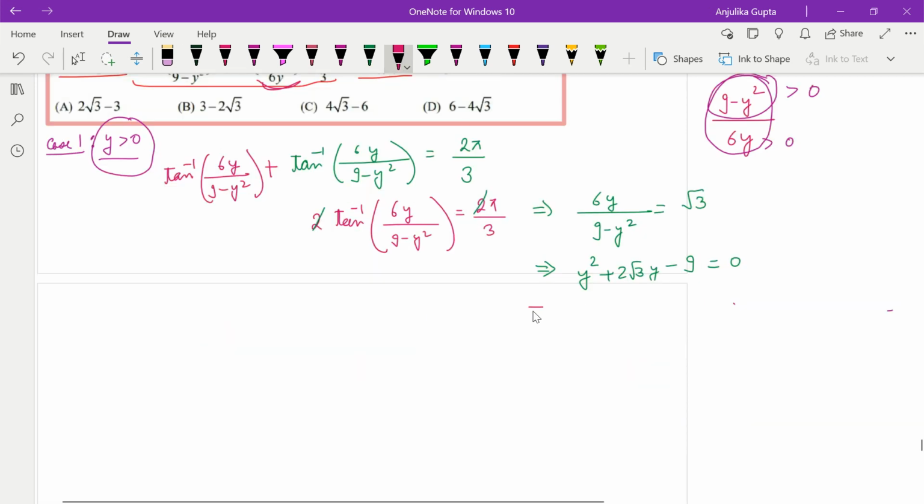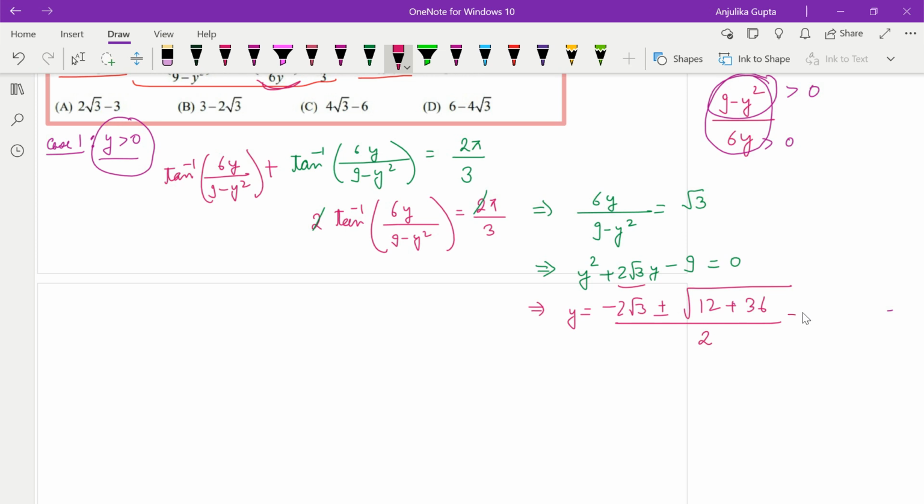Now you can either factorize or just use your formula. Let's use the formula. y is equal to minus b plus minus under root b square. How much is this square? 12. Minus 4ac, that minus minus is plus, 4ac is 36, divided by 2. Okay, how much do you get? Minus 2 root 3 plus minus, this is root 48, 16 3s are 48, so 4 root 3, upon 2.